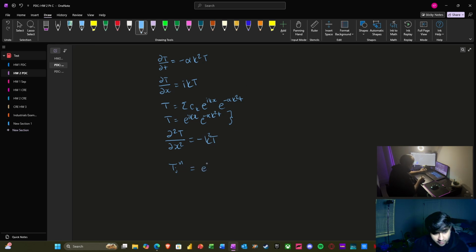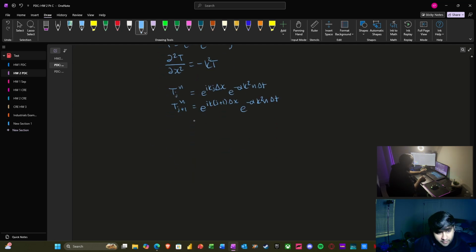So how that looks is we'll have e to the ik times j times delta x, and then multiply this by e to the negative alpha times k squared times n times delta t. And then if we take j plus 1 and then n, we can see that this equation becomes j plus 1 times delta x times our e times, and then it's just going to be the same thing for here since we didn't really change anything with n.